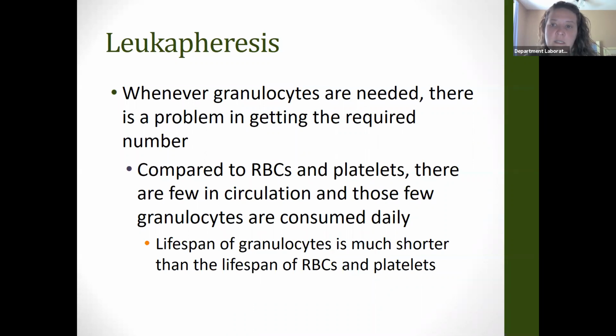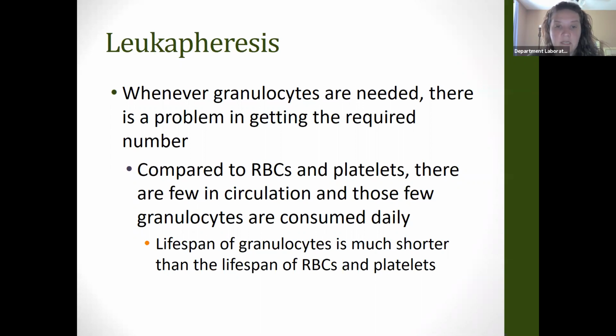So leukapheresis, and if you think about your leukocytes in your circulation, they have a much shorter lifespan than our red cells and our platelets. So they're not in our circulation for very long, and your numbers seem to be a lot smaller as well. So one thing for granulocytes, there's a problem getting enough to be considered a therapeutic dose.